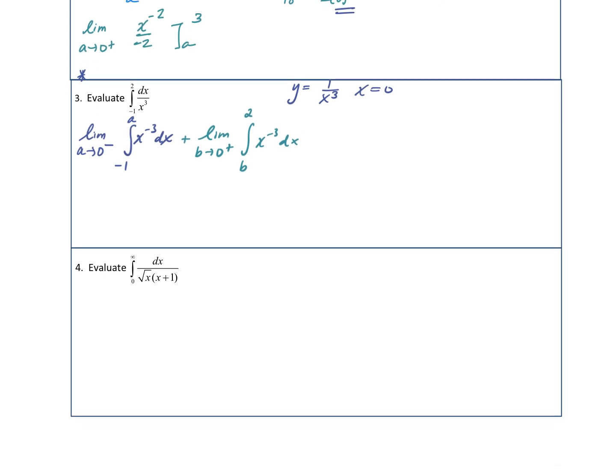We raise it up by 1, divide by the new power. So we get x to the negative 2 over negative 2.